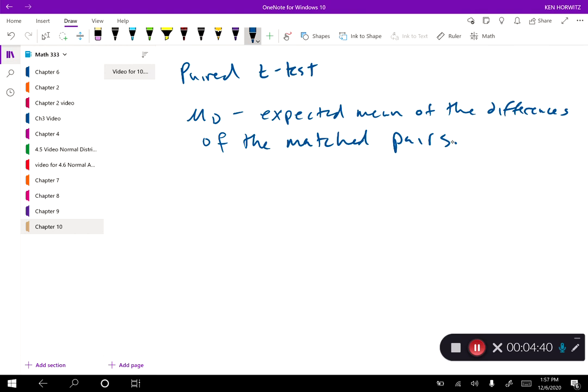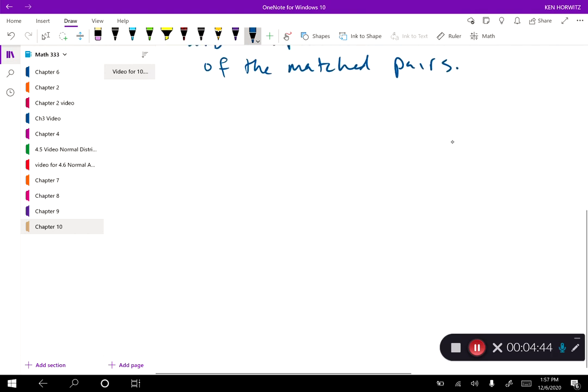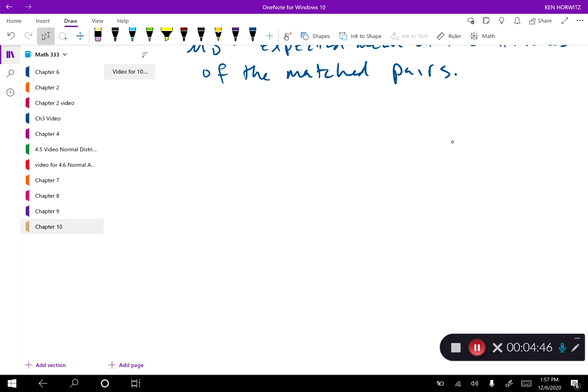So I'm going to pair some of this notation with our steps for success, because our steps for success, you're going to see, are largely going to be similar to the steps for success that we've had for all of our other hypothesis testing. There's just going to be a little extra to it because of the two samples.